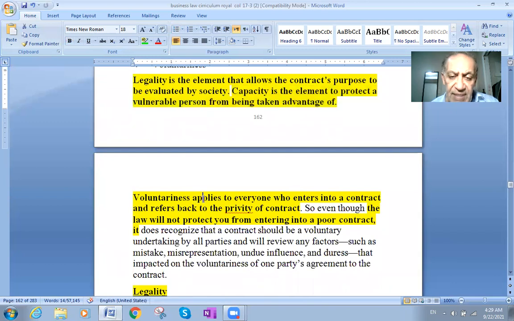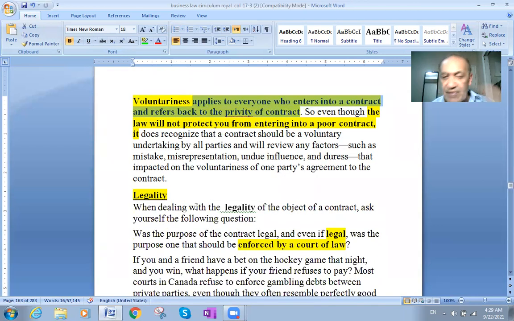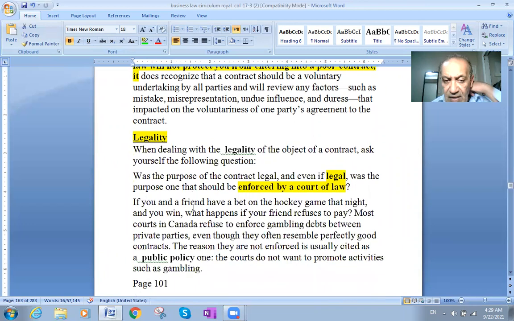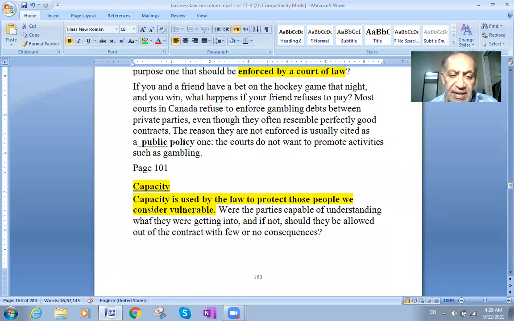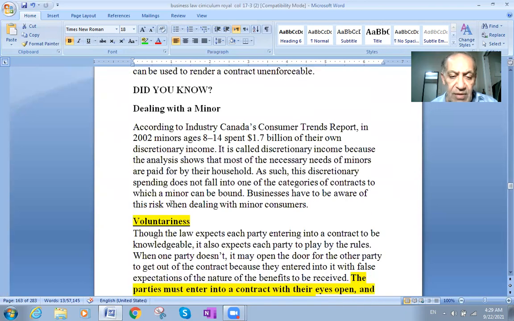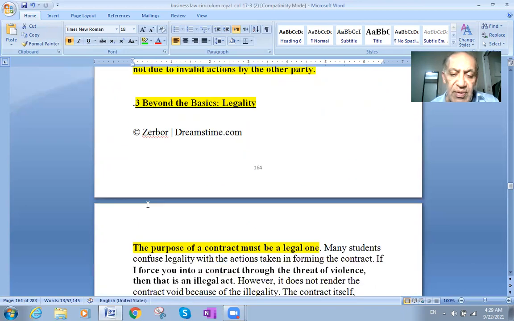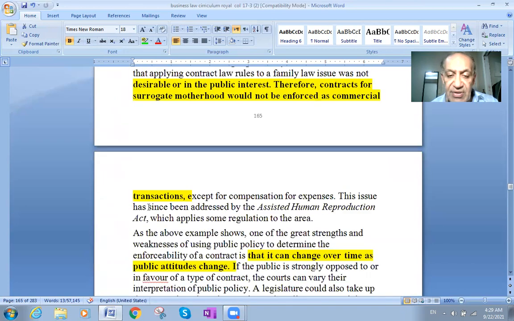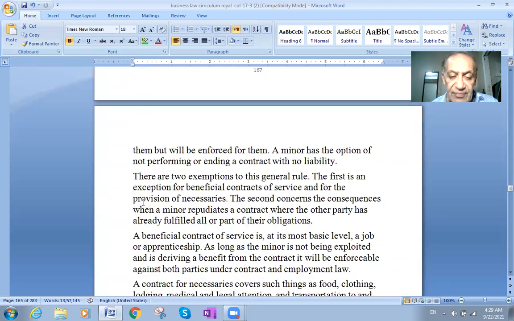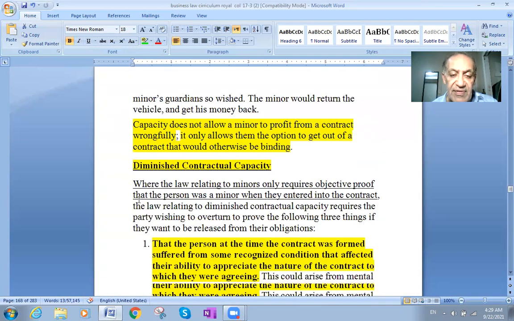Voluntariness applies to everyone who enters into a contract and refers back to the freedom of the contract. The law uses capacity to protect those people we consider vulnerable. Voluntariness means no one pressured you to sign this contract. This is the meaning of it.